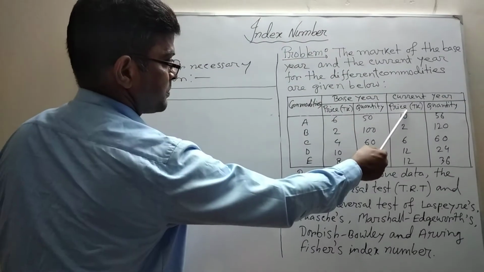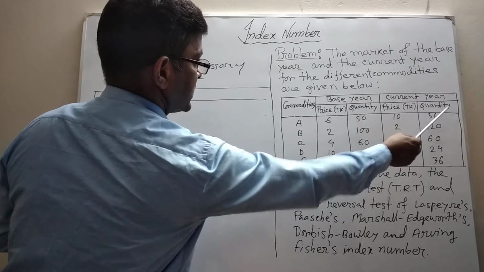Current year price Pn and current year quantity Qn.